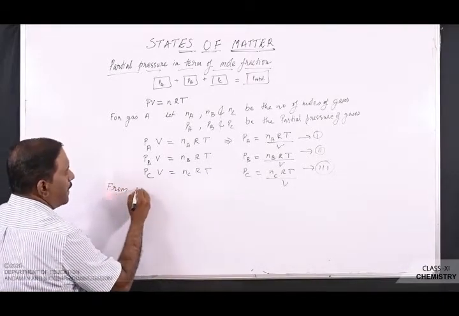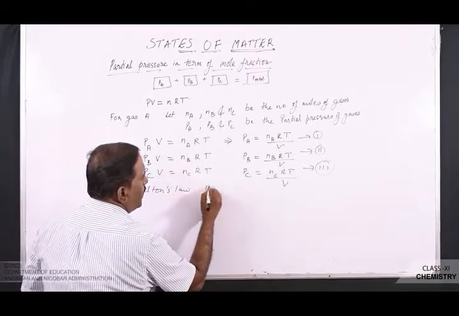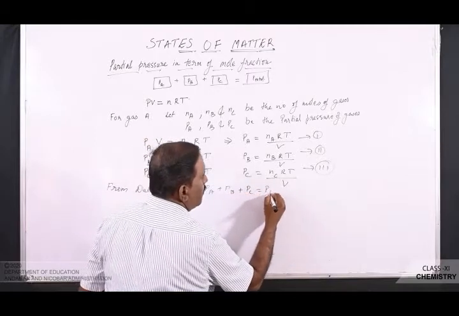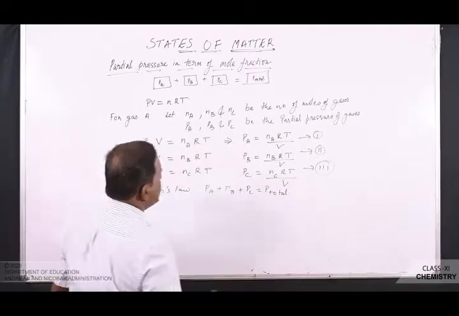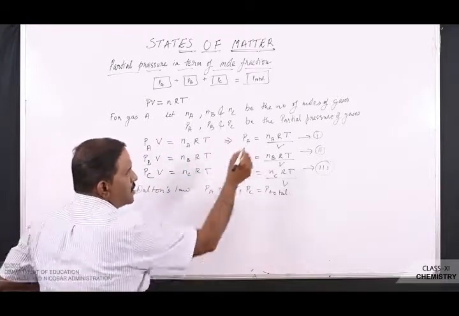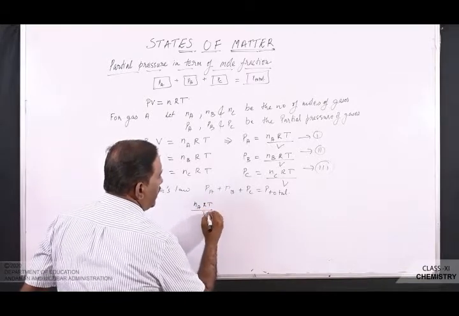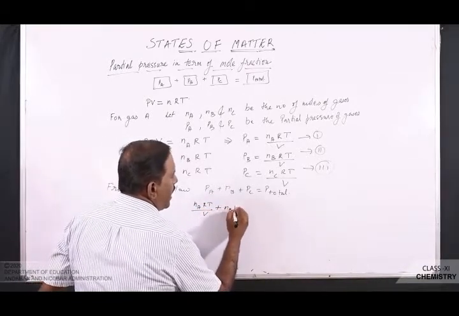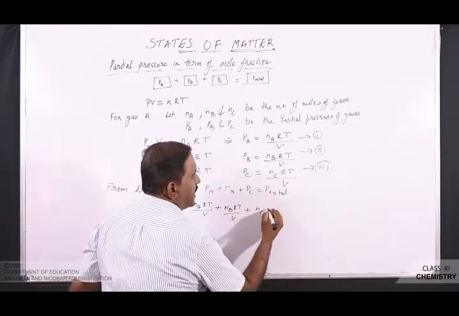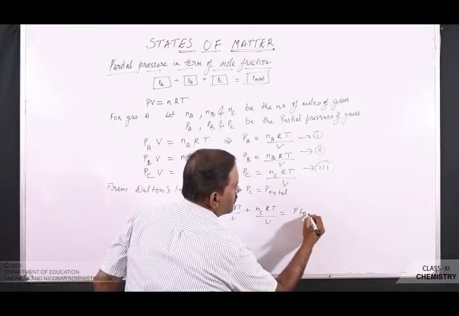From Dalton's law we know Pa plus Pb plus Pc is equal to P total. Now I will substitute the values of Pa, Pb, Pc in this equation. So we get NaRT by V plus NbRT by V plus NcRT by V is equal to P total.